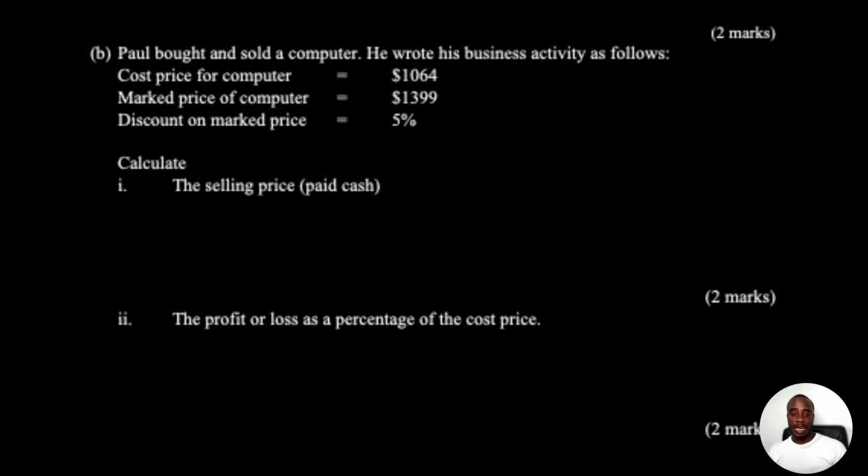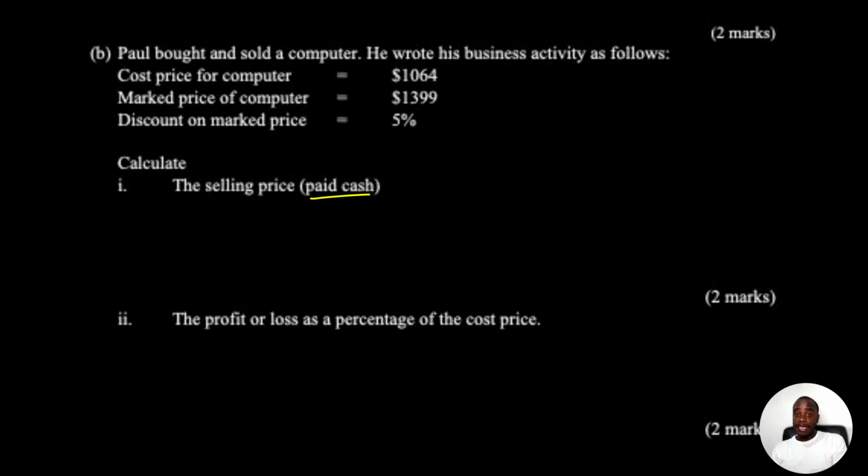First, it asks you to calculate the selling price, in other words, the price paid in cash. So it helps for us to think about what we're saying here. To be very careful, he bought the computer for $1,064, right? Go into his store, put it down for $13.99 and say you can get it with a 5% discount.